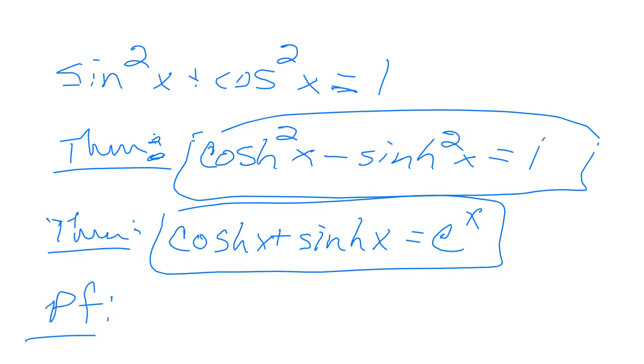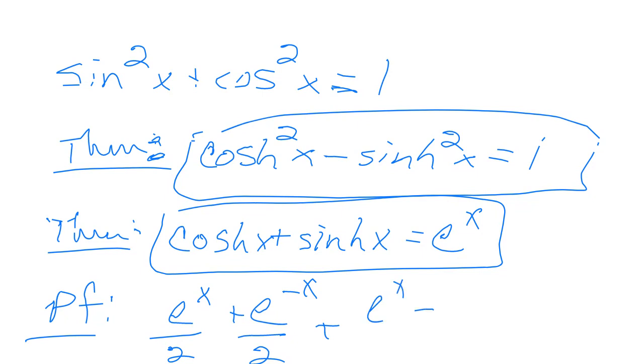Cosh x, remember, is e to the x plus e to the minus x, all divided by 2. So I'm just going to divide each part by 2 using rule of fractions, and then I'm going to add sinh x, which is e to the x minus e to the minus x all over 2. Once again, I'm just going to divide each part by 2.